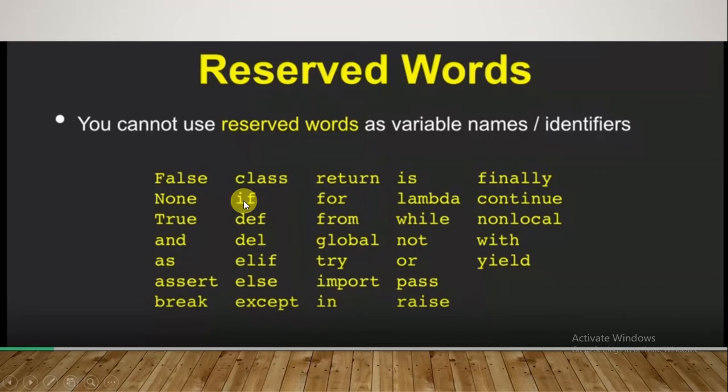Some of these, like False, class, and return, are used in object oriented programming: class for defining objects, and return in functions. Finally, None, if, for, lambda, continue, True, def, from, while, nonlocal, and, global, not, with, as, elif, try, or, yield, assert, else, import, pass, break, except, in, raise. So these are the reserved words. Let's get into the next topic.